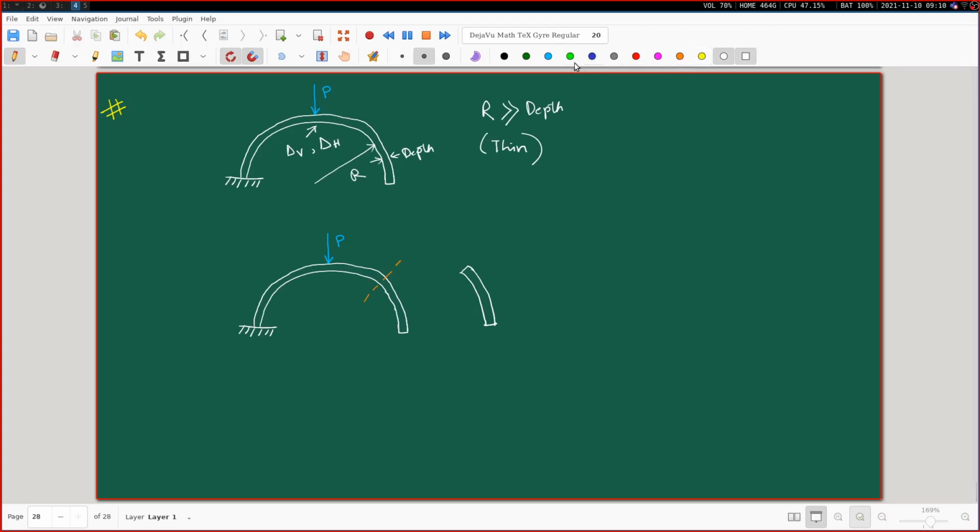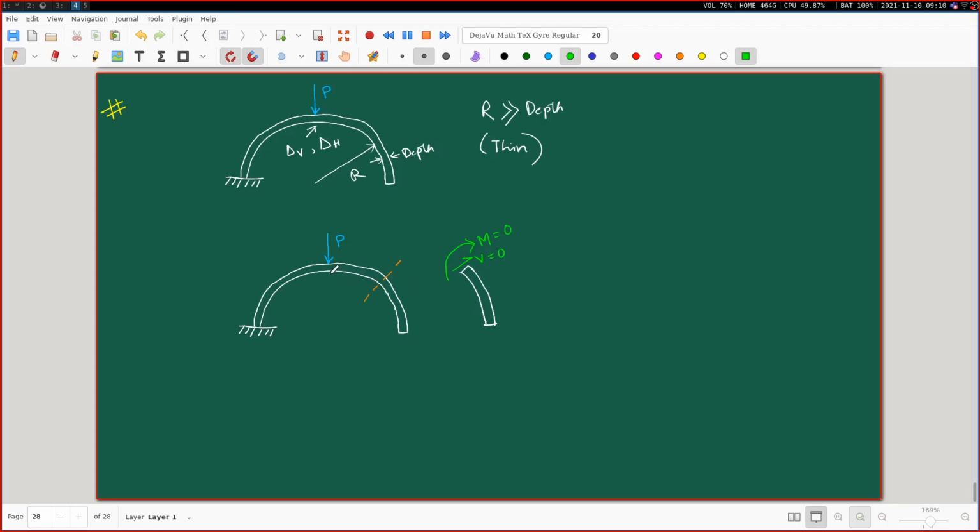Now you see, if I draw the moment here, this M and this shear force, both are going to be equal to 0, because there is no externally applied load on this piece. So if you consider theta equal to 0 at this point and theta equal to pi at this, from theta equal to 0 to theta equal to pi by 2, nothing much is going on here.